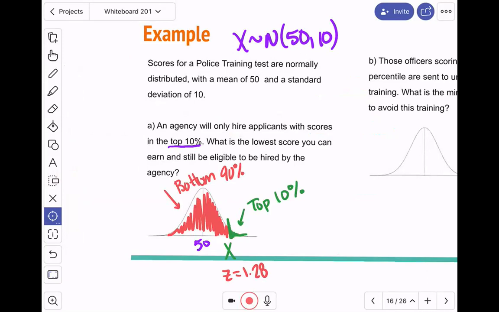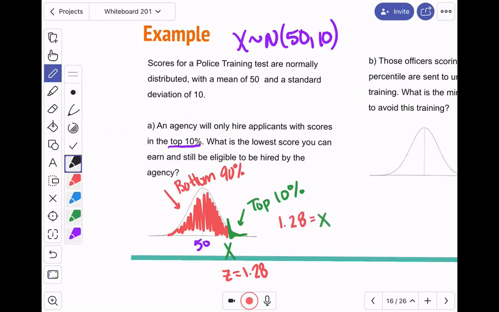So now that I know this, I want to find the X value that corresponds to that 1.28. The z-score formula says 1.28 is equal to X minus the mean, divided by the standard deviation.